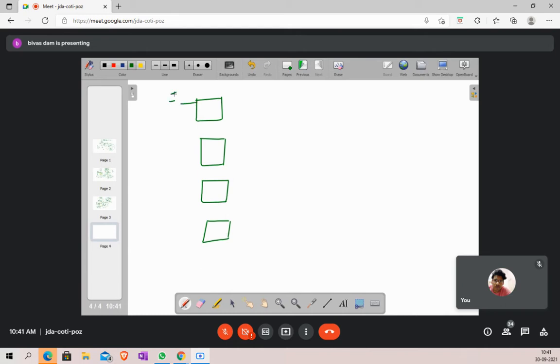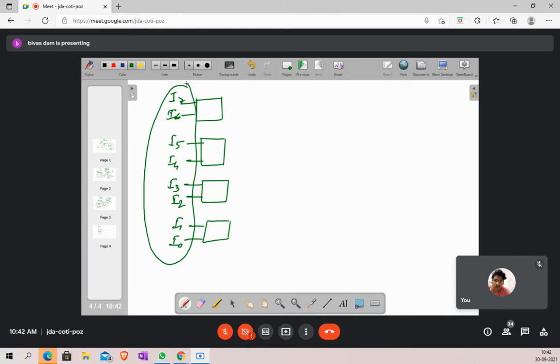That means I7, I6, and in the control input, I will connect the least significant control bit, provided I have maintained this sequence properly.